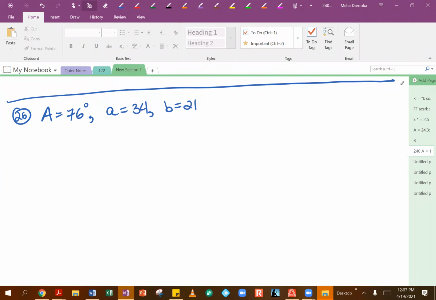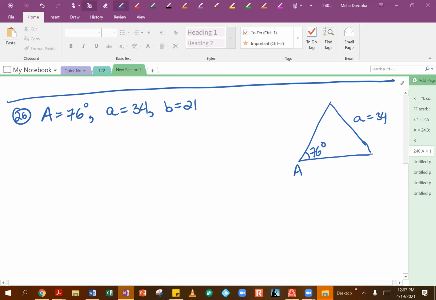Angle A is 76 degrees, side A is 34, side B is 21, and then side C. So now we should be able to solve this triangle.